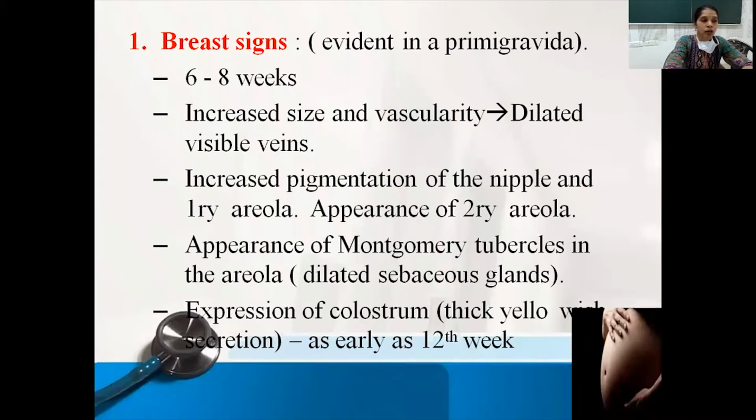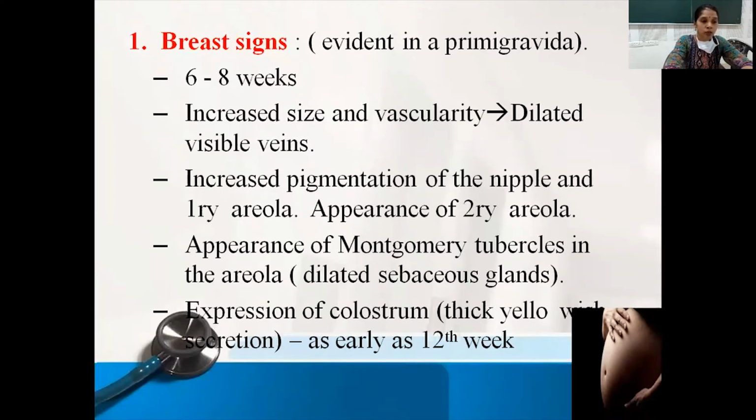But on examination, we see increased size and vascularity, that is, visible veins, and increased pigmentation in the nipple and areola, pigmentation in the primary areola, and appearance of a secondary areola. Especially we notice it in primigravidas. In second gravidas, the changes from the previous pregnancy will already be persisting, so we may not notice that much variation. It is more clearly seen in primigravidas.